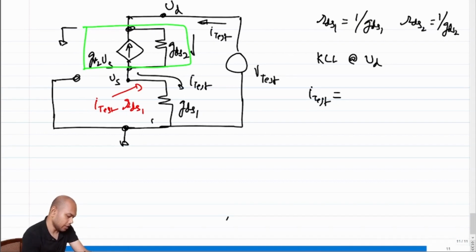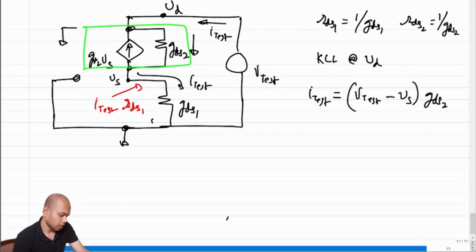What is the current flowing through GDS2? Current through GDS2 is V test minus Vs times GDS2, right? And what is the current that is flowing up? That is GM2 times Vs.